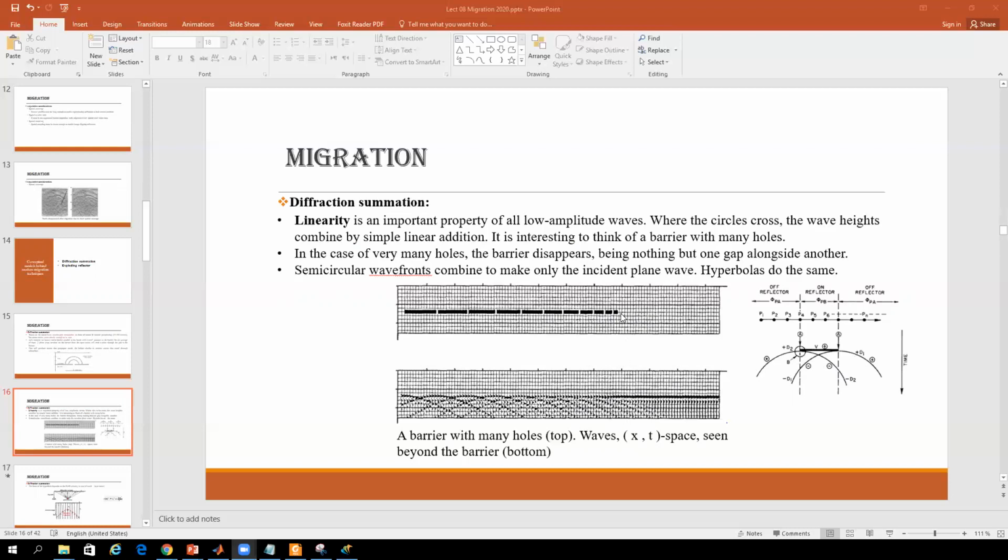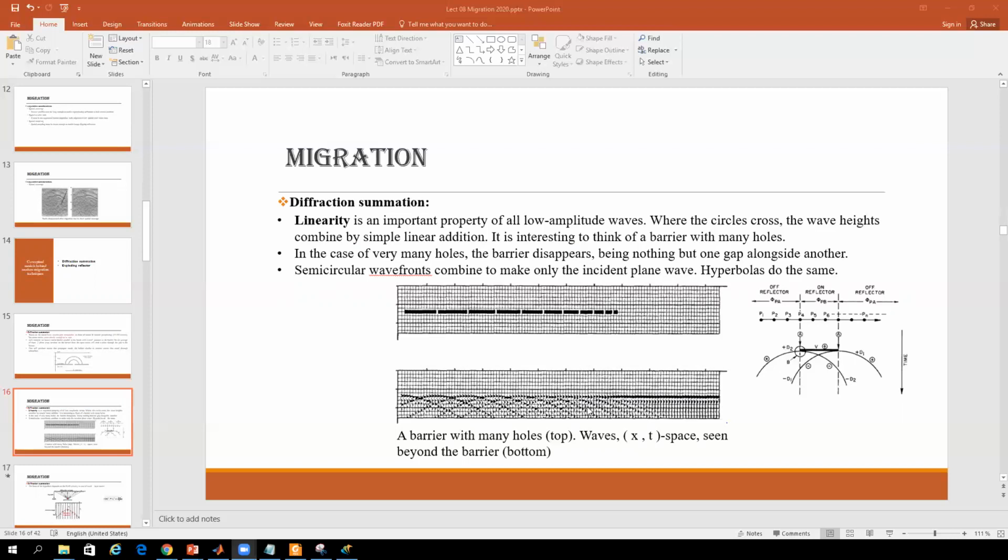And if we leave a very large entry interval, which we suppose is nothing but an infinity of entry points, we will have an interference between the wavefronts, which will produce an event which is straight, a linear and continuous event.